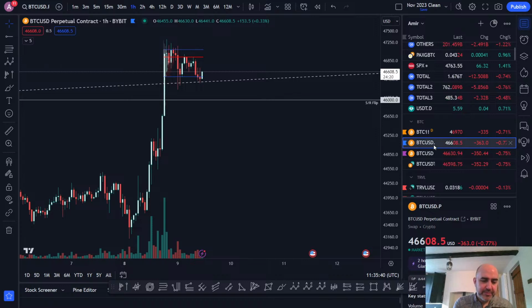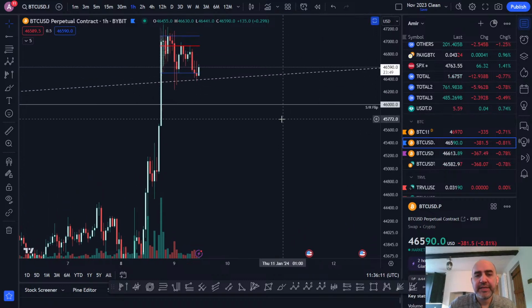The VPOC. I'm not going to bother with those lower prices, because as far as I'm concerned, I don't want to lose the previous high now. I think if you lose the previous high, then you could look at those lower prices and those single prints, but they're just too low. You have a single print at 45712. It's lower down here. I'm not going to bother with that because that's going to be underneath this SR flip.